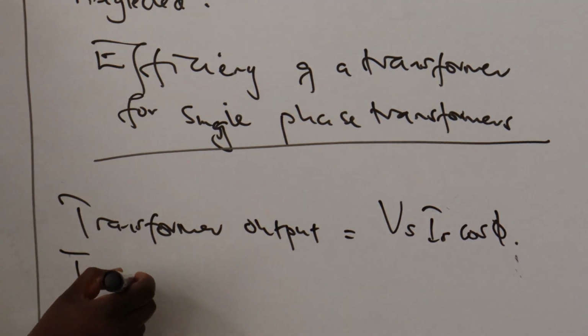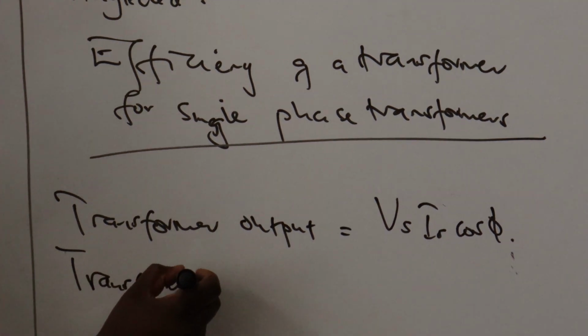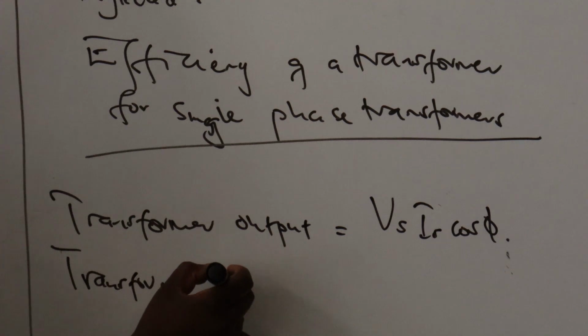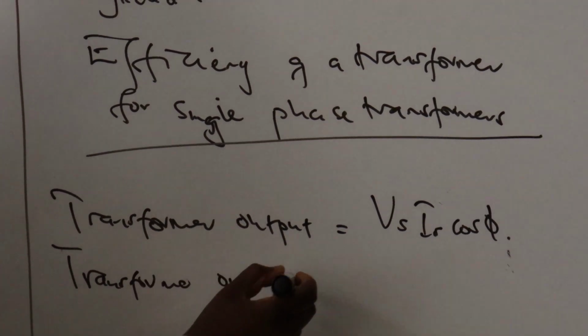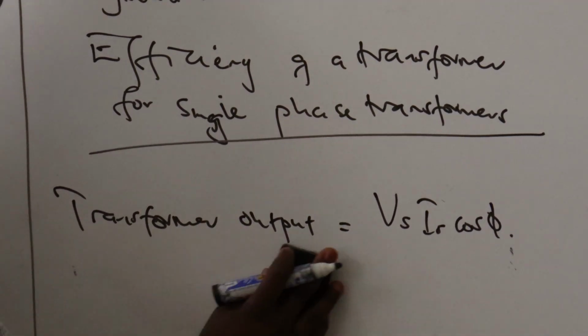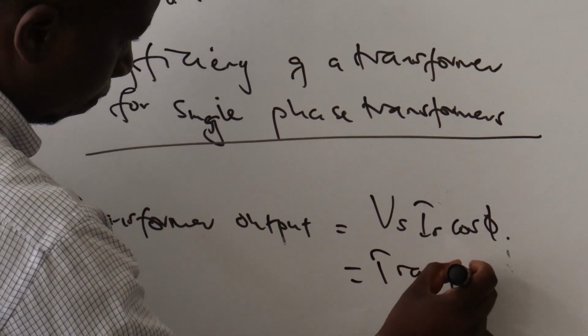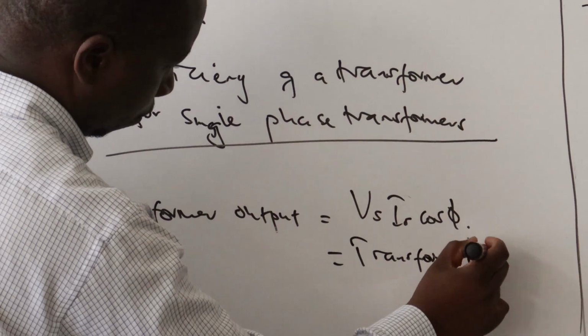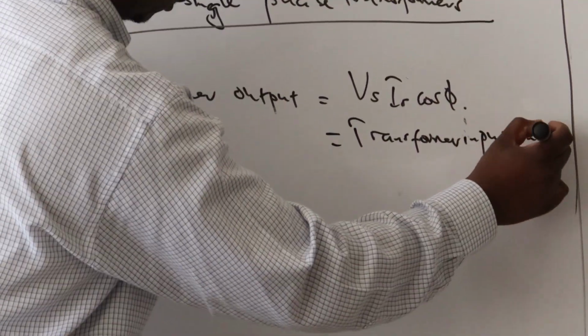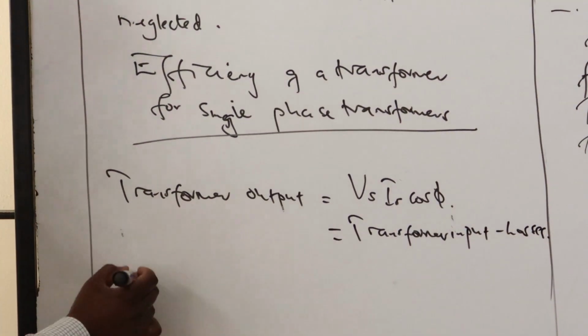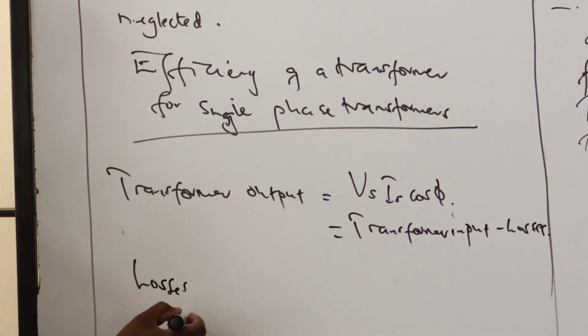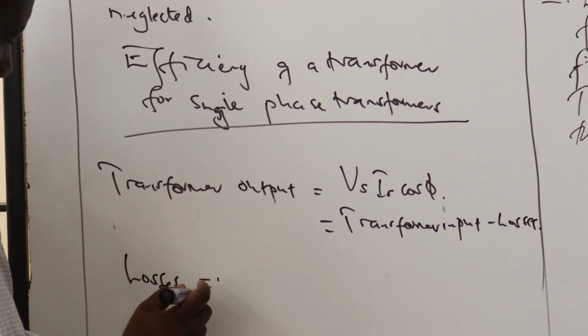The transformer output can also be given by transformer input minus losses. The losses we have indicated that can be measured are two.